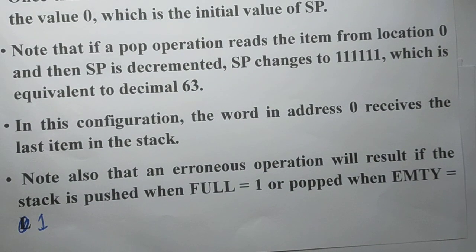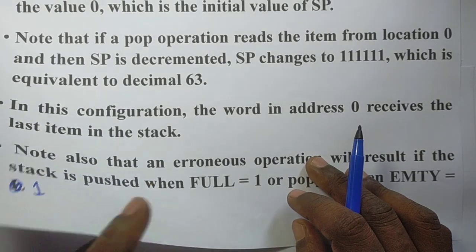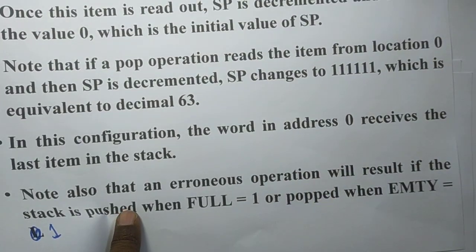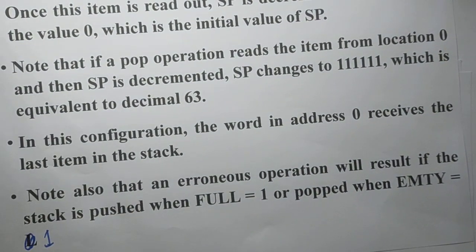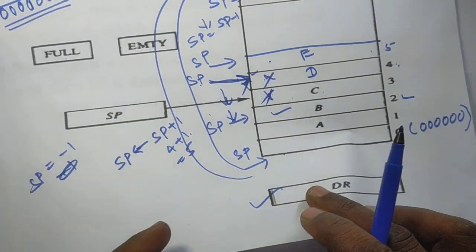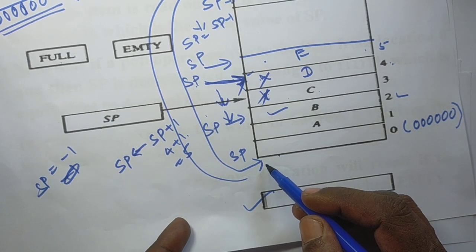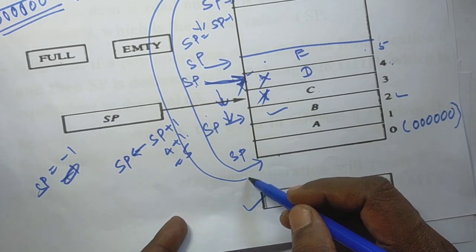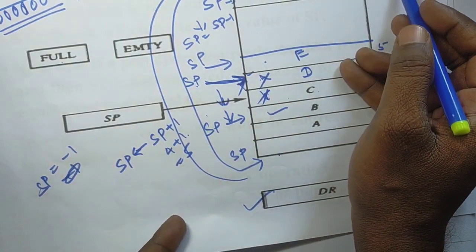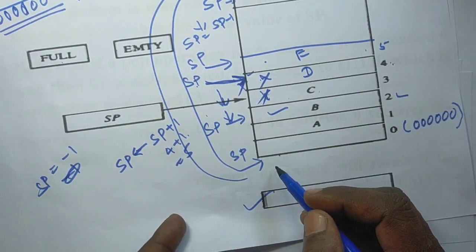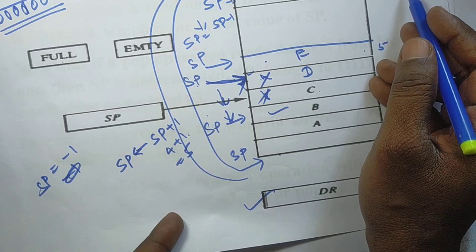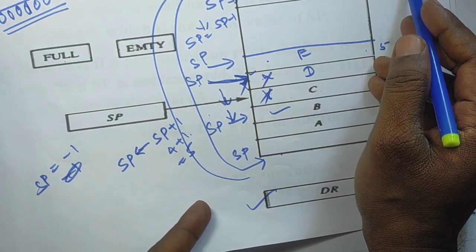And some concept we can also find out. Suppose SP is 0, as I have already told, and we need to decrease. Suppose SP is 0 and we need to decrease, which means there is no space in the decreasing, so automatically it will come to 1 1 1 1, because minus 1 means 1 1 1 1 1.